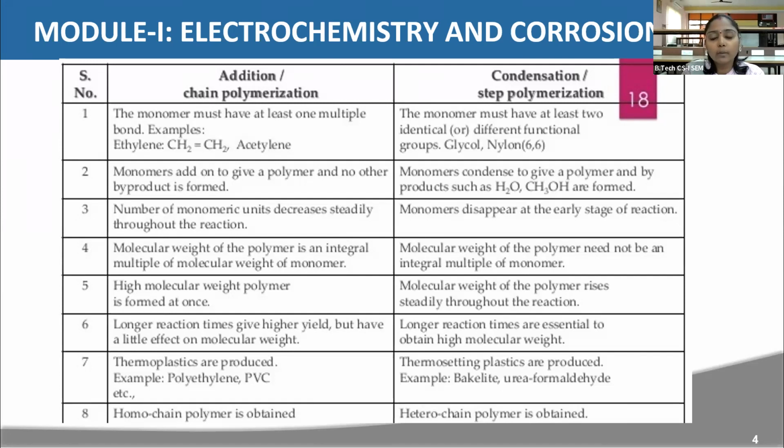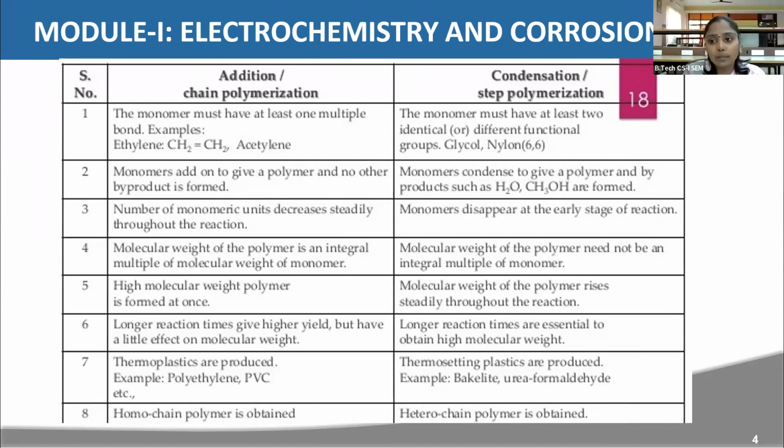And in condensation step polymerization, the monomers have different functional groups, like glycol and nitro, to give a polymer.